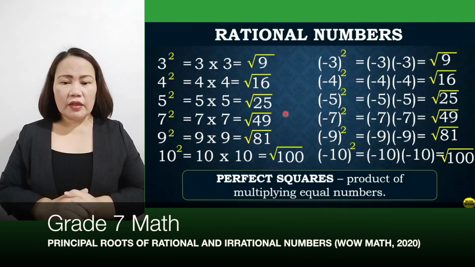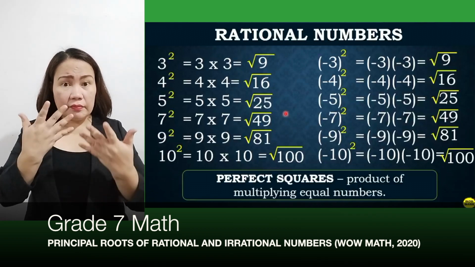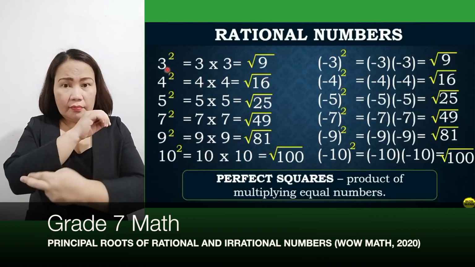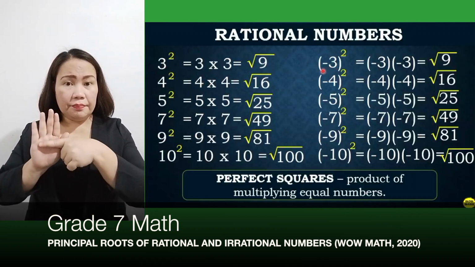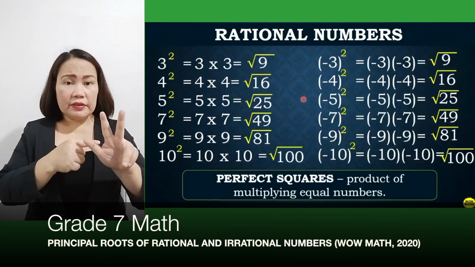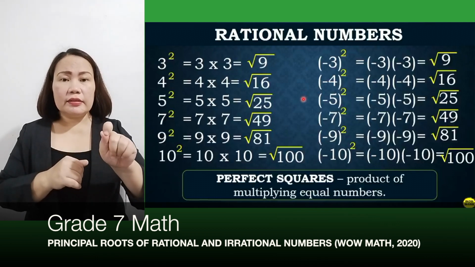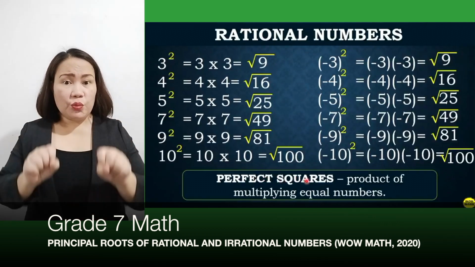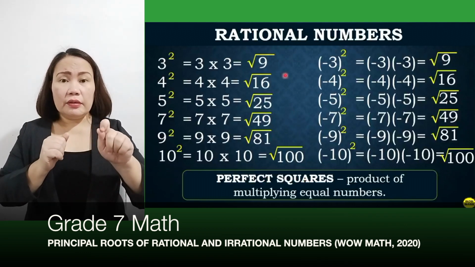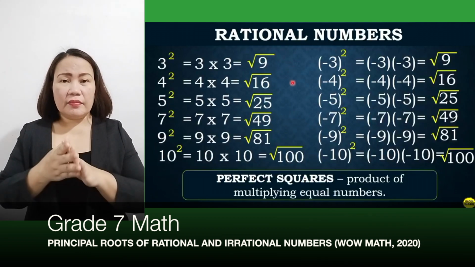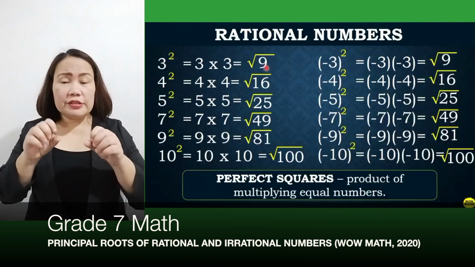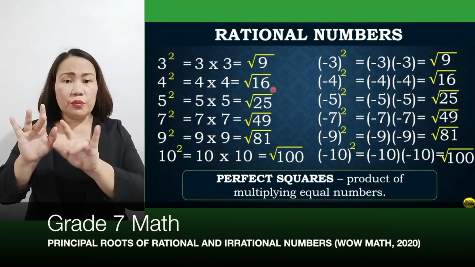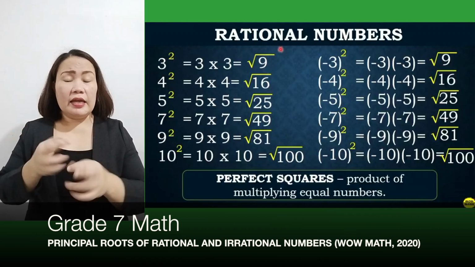And, so kung mapapansin nyo, nung nakuha natin yung square root nila, ang lalabas ay positive 3 or negative 3, right? So that's why it is called rational numbers. Perfect squares or perfect square numbers are considered rational numbers. Why? Because the square root of 9, square root of 16, pag kinuha natin ang mga square root nila, ang lalabas ay rational number.